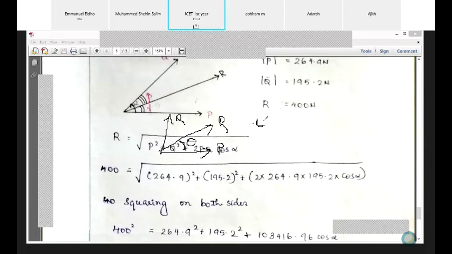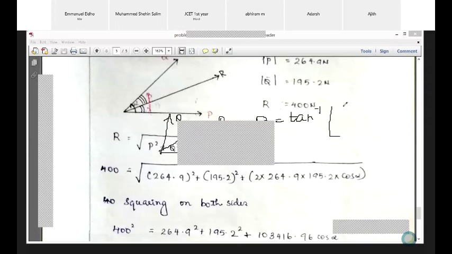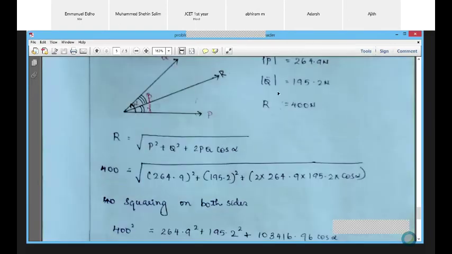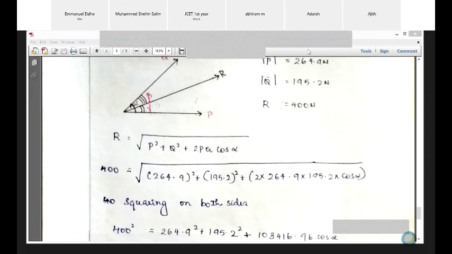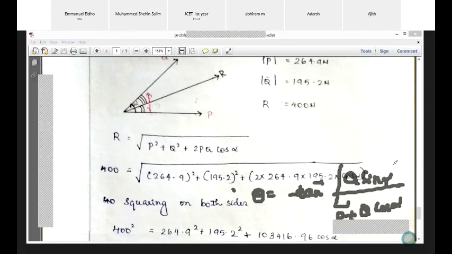Here theta is equal to tan inverse q sin alpha divided by p plus q cos alpha. ഇതല്ലേ നമ്മുടെ ജനറൽ ഇക്വേഷൻ. തീറ്റ എന്ന് പറഞ്ഞാൽ എന്താ?